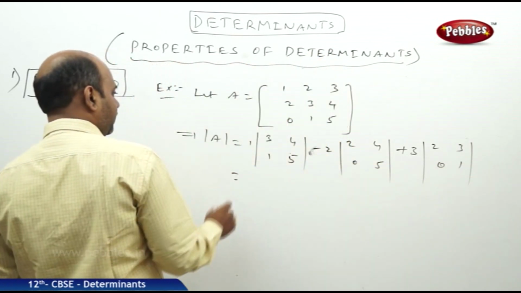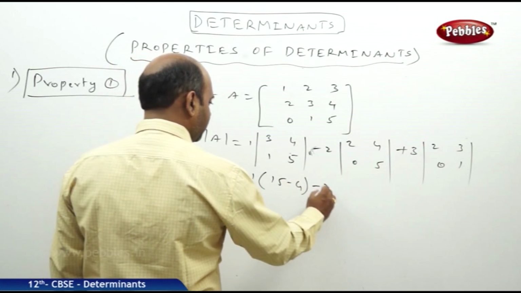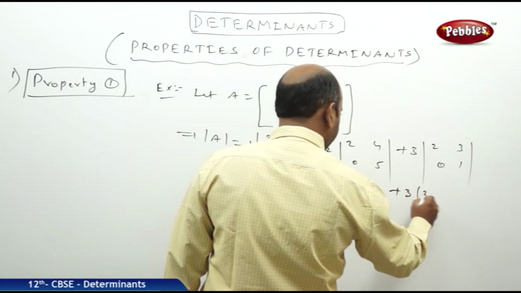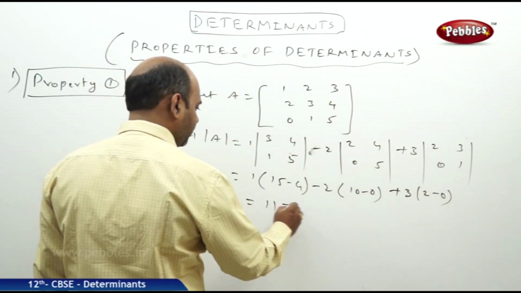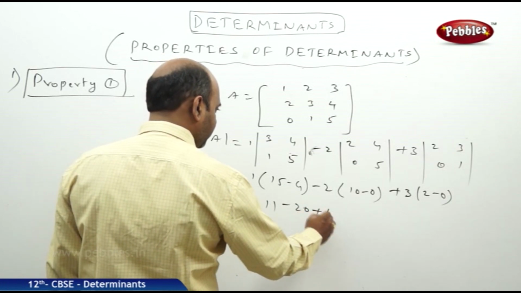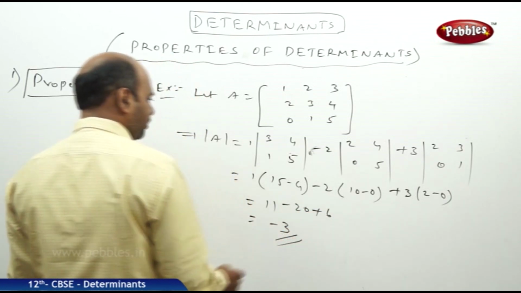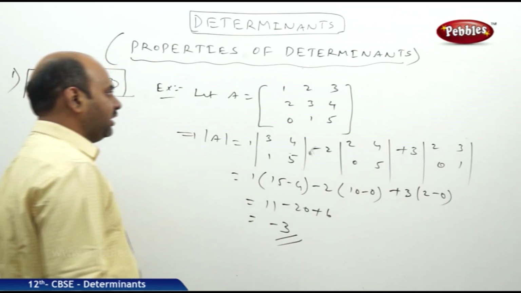So 1 into 15 minus 4, minus 2 into 10 minus 0, plus 3 into 2 minus 0. 15 minus 4 is 11, 11 minus 20 plus 6, 11 plus 6 is 17, 17 minus 20 is minus 3. So we obtained that determinant of A is equal to minus 3.